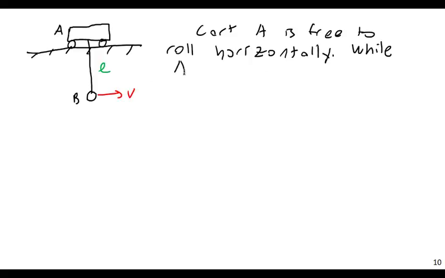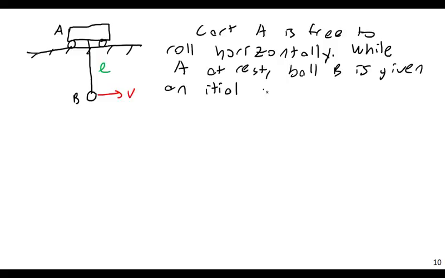While A is at rest, ball B is given an initial velocity v naught, and I'm also going to say v naught equals the square root of 2gL.